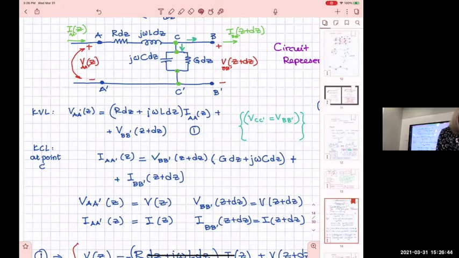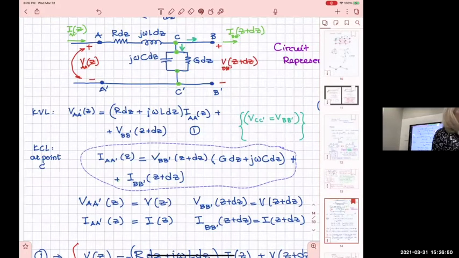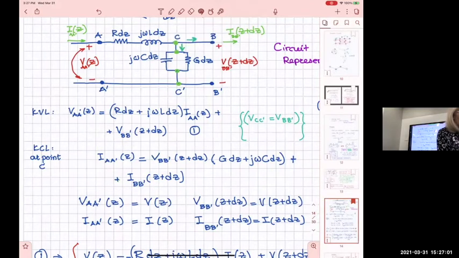So practically, I have this equation from Kirchhoff's current law. All right? The current that flows into the node, I write here like this. That current that flows in is equal to the sum of this current plus this one.